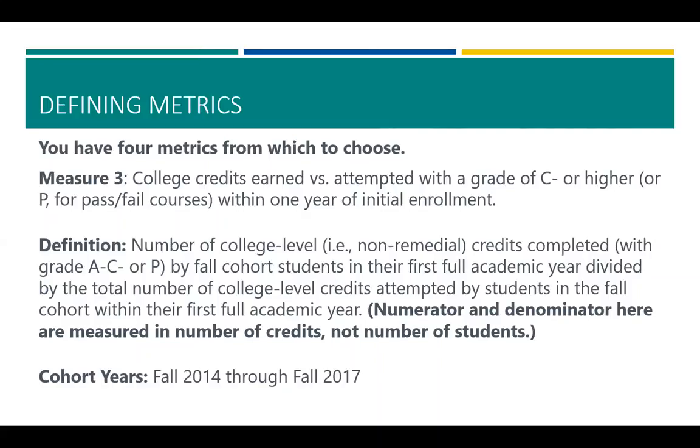Again, we're looking at fall cohort students, first full academic year. And again, because we're looking at course completions, which should happen by the end of the summer, these are the fall 2014 through fall 2017 cohorts. And again, I've noted numerator and denominator are in numbers of credits, not numbers of students. That is also reiterated in the data template to make sure that you're looking in the proper measure of scale.